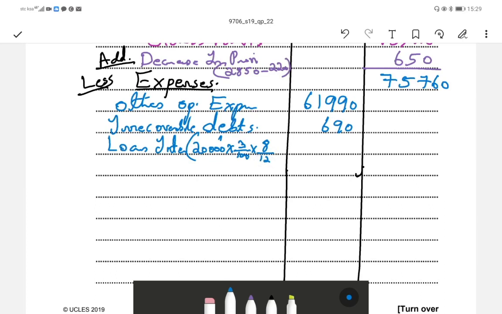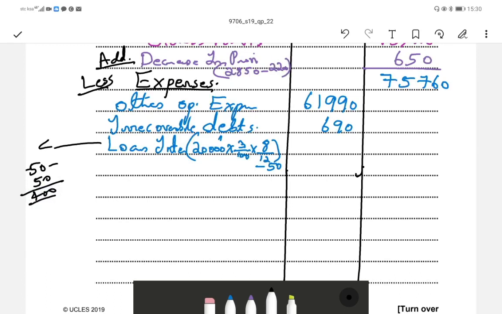Then minus 50, 50 already they have paid. So how much does it come? This amount is coming 450. But already they have paid 50. So the amount will come 400.